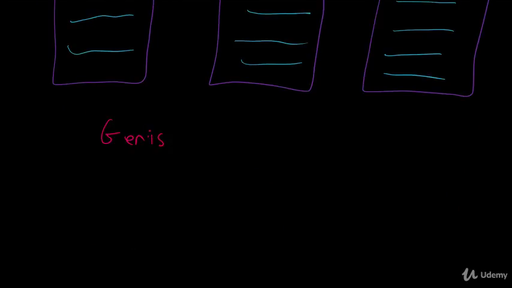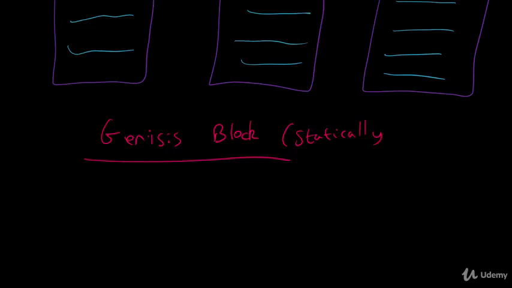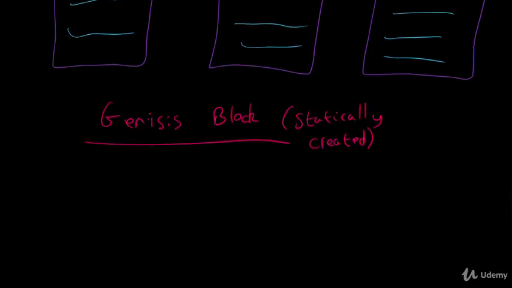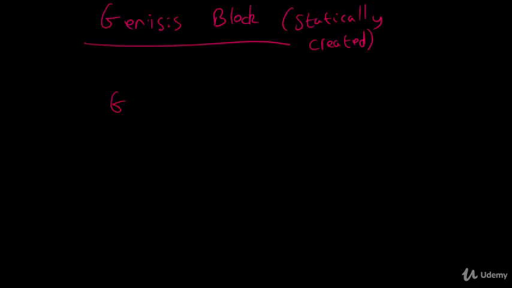This is statically created just as the starting point. This Genesis block sounds so awesome. Genesis block. Is it E? I think it's E. Either way, you get the picture.